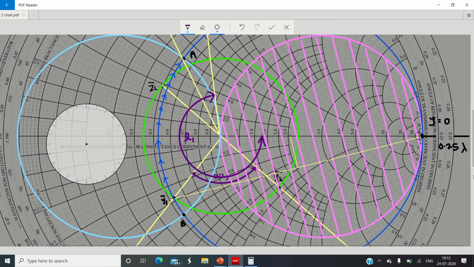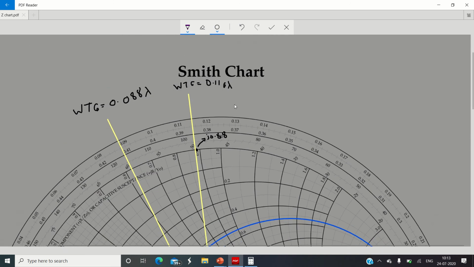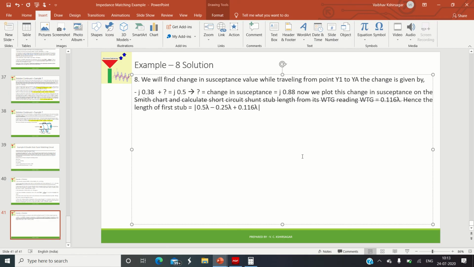So 0.5 minus 0.25 gives you this much half circle distance, and into that you need to add this much, because we want to reach this particular line. So 0.5 minus 0.25 plus 0.116 will give us the length of the stub.